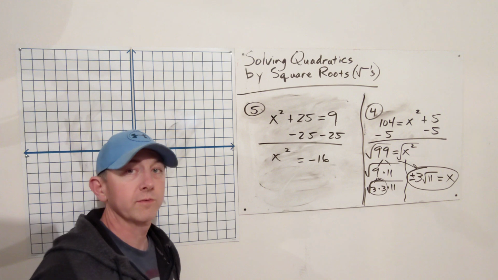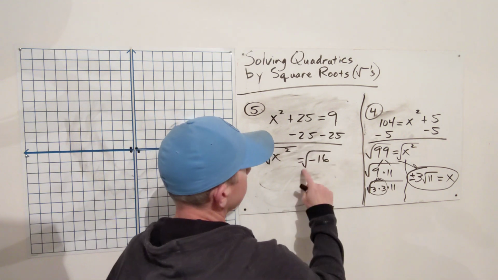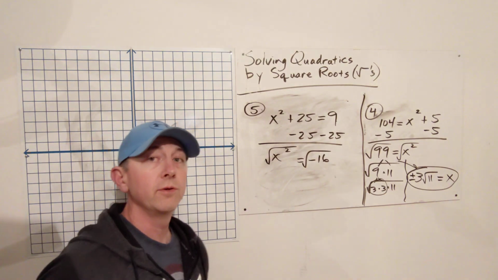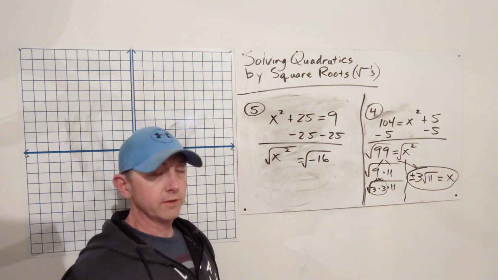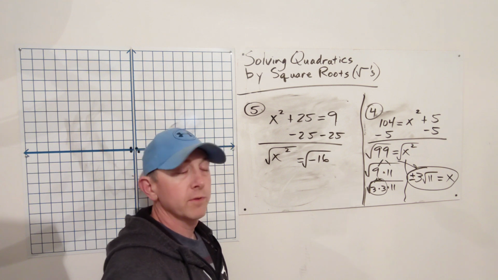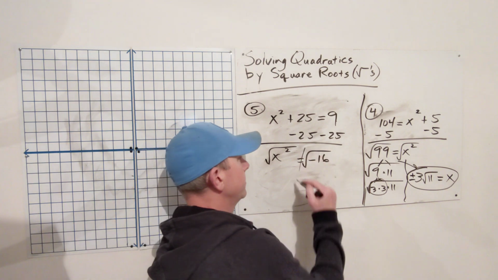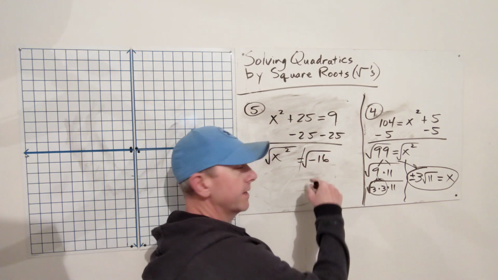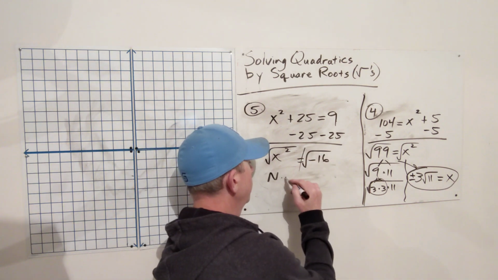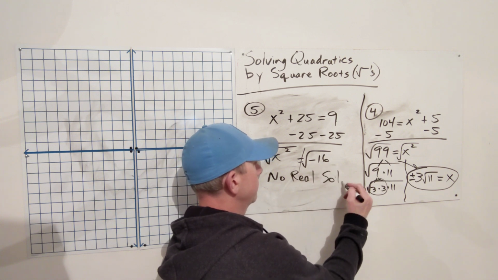Now 16 is a perfect square, so it seems like that would be all right, but we go to take the square root, and we have the square root of a negative. In Algebra 2, whenever it is you take Algebra 2, we will talk about how we can simplify this. But for right now, we cannot take the square root of a negative, so this would be no real solution.